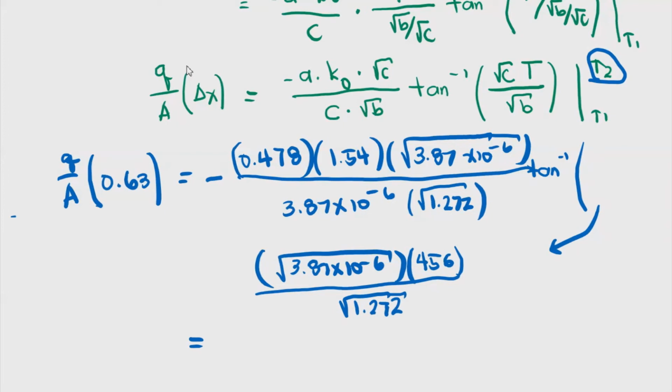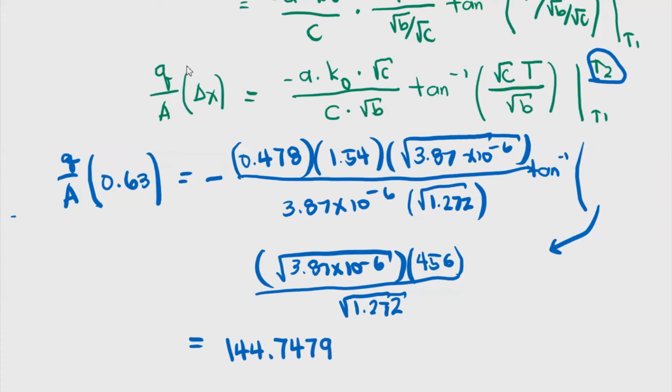Gagawin natin ulit yan. And then, for T1 naman. So, subtract natin based dun sa ating integral calculus, no? If you can just remember it. So, with that, let me calculate it first. So, for T2, we have 144.7479.